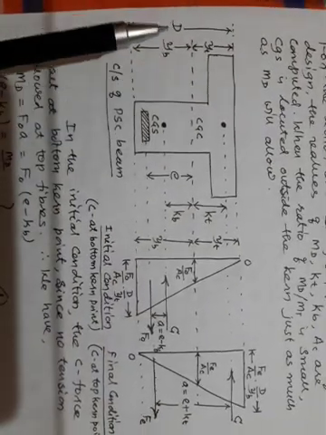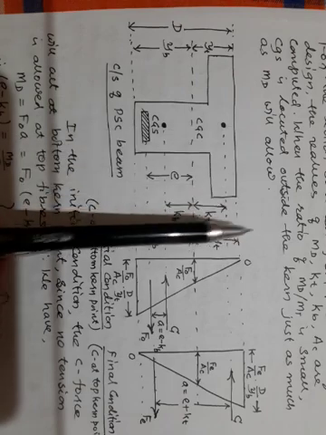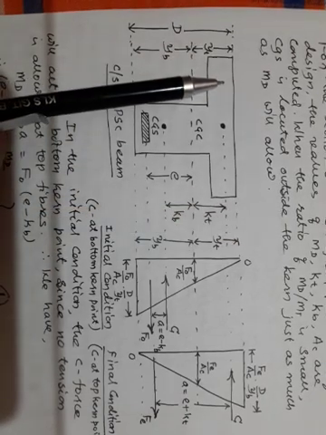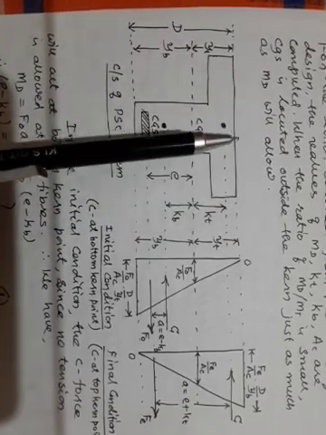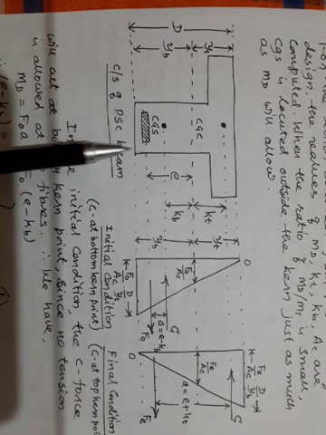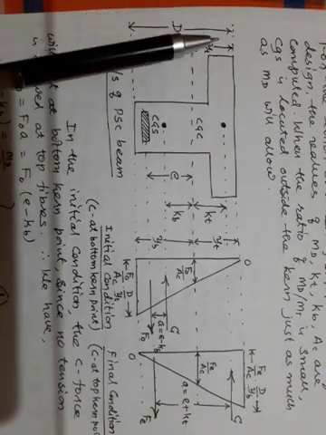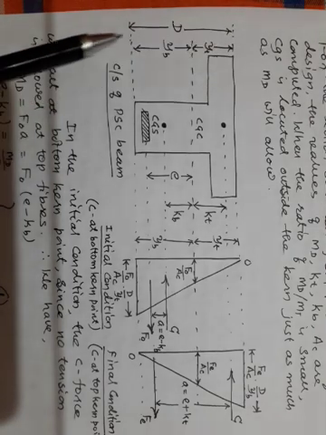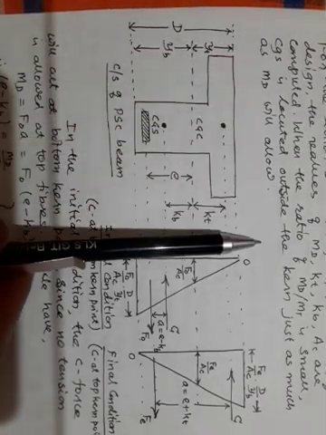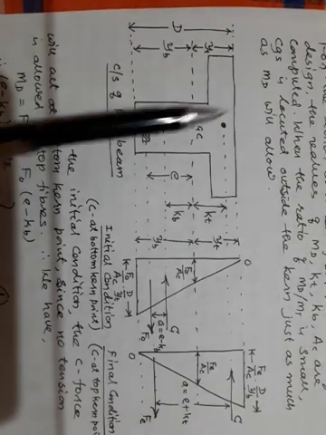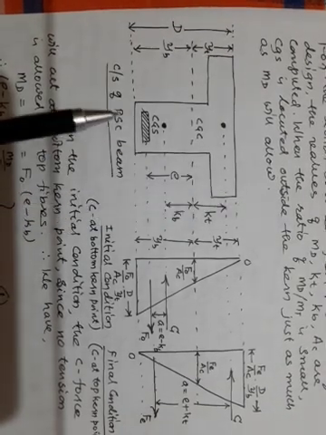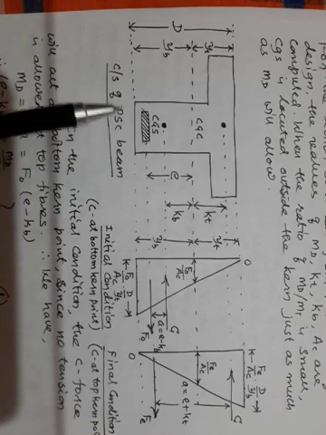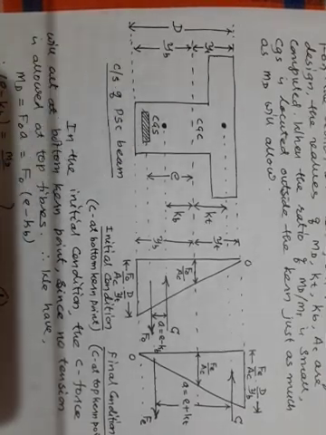See now, I have taken a general section here. Assume that it is a generalized T section. I have fixed up here the overall depth D and the breadth. The breadth of the flange and the breadth of the web also I can fix up by using your preliminary design.